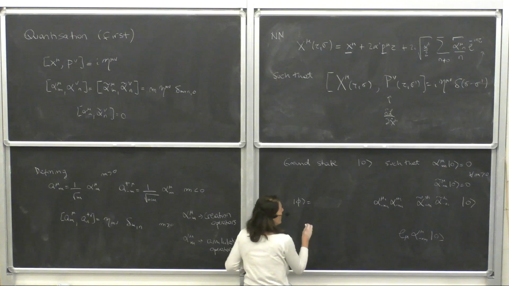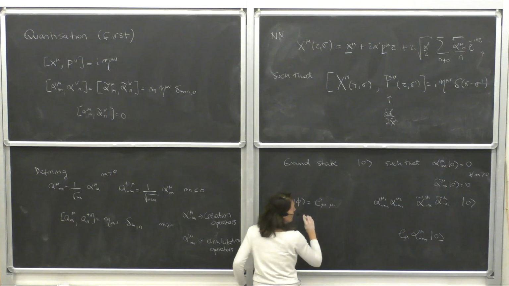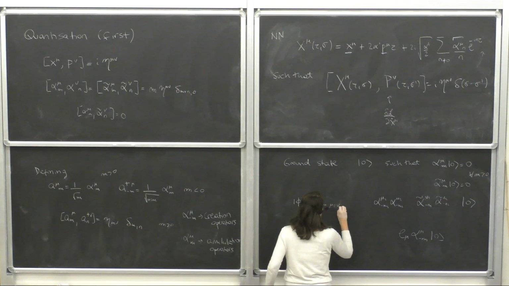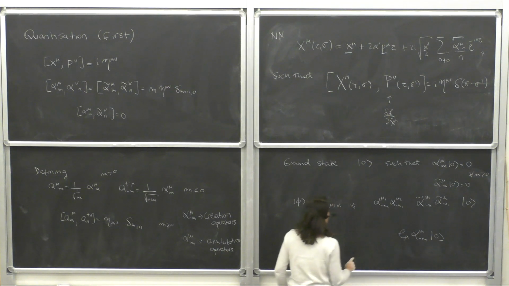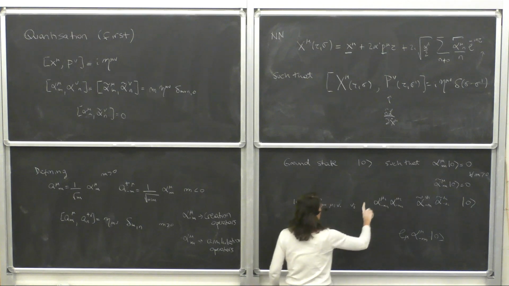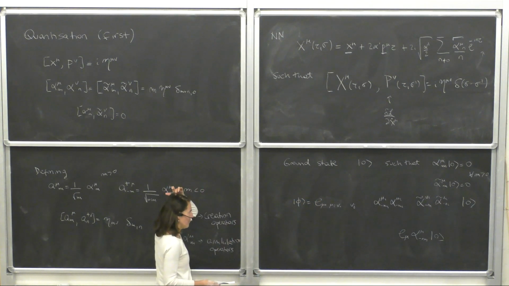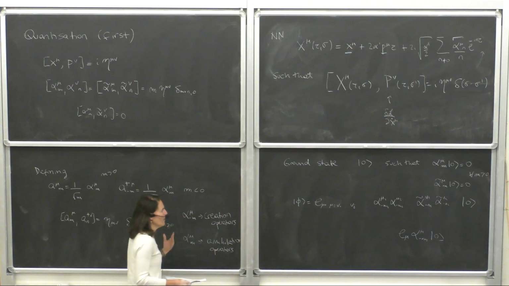So in general, I have a polarization tensor, E mu 1 through mu i, nu 1 through nu j. Suppose I have i of these alphas, and j of the alpha tildes. This just tells me in what directions I'm doing these oscillations.